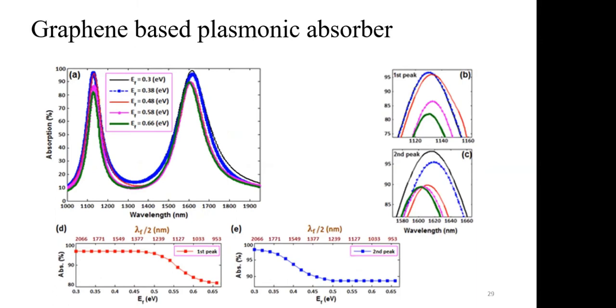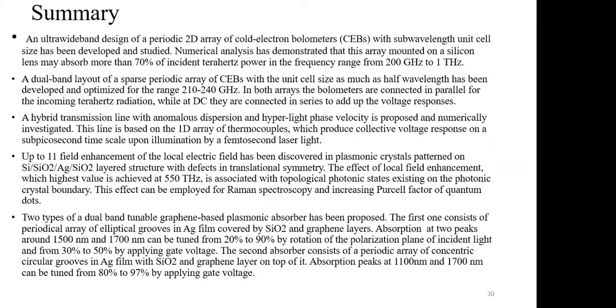Here it was all the detectors which we designed, and based on this design, as you saw, we try to design ultra wideband 2D arrays of cold electron bolometer for sub-wavelength unit cell size. And here we absorb more than 70% of incident waves.